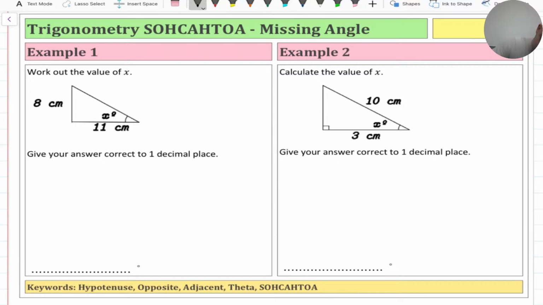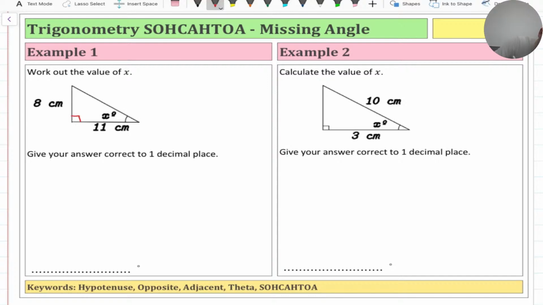So the first thing we need to do, always, we need to follow those first steps, don't we? So we label the sides first of all. Once we've labeled those sides, we write down our need and got list. Then we highlight SOHCAHTOA. And then once we've done that, we use the triangle to work backwards. So the first thing I need to do is to label my sides.